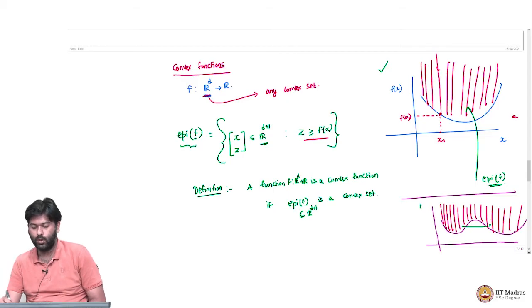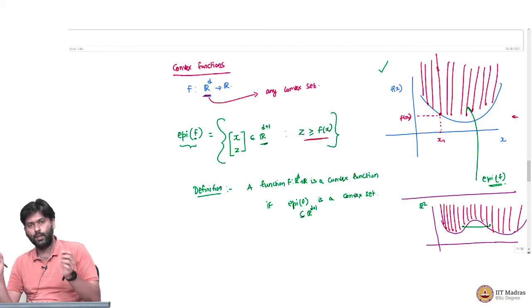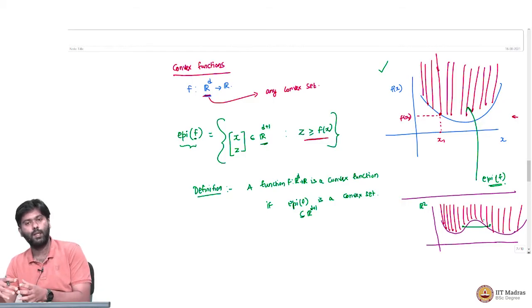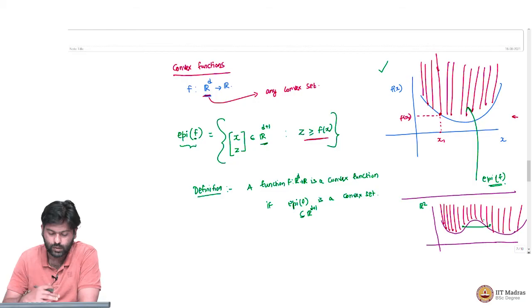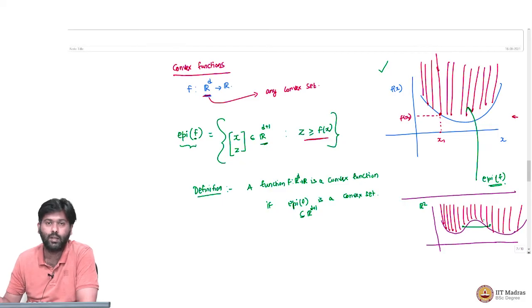So, this is R2, this line joining this in R2, the line segment does not entirely sit inside the epigraph of f in this particular case, and so this is not a convex set, right. And so this is not a convex function also, right. So, this is one definition of convex functions, but there are other definitions as well, and that is what we will see next.